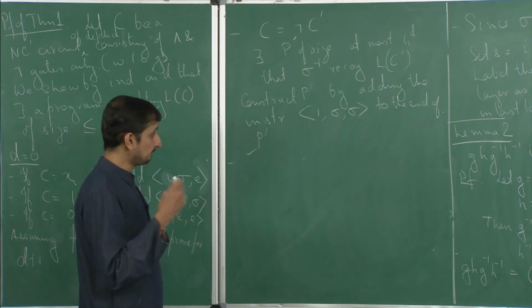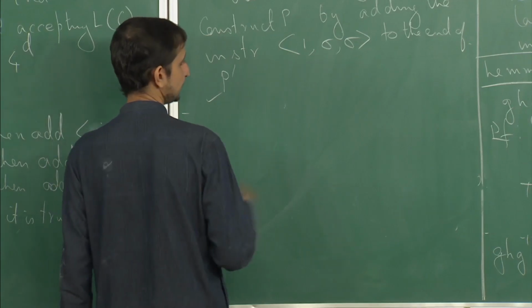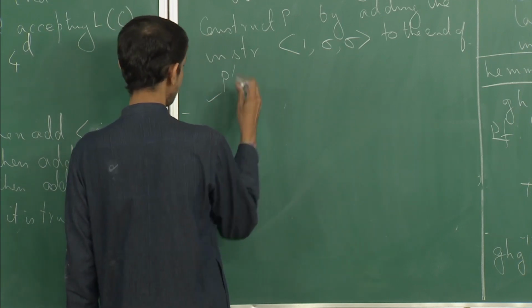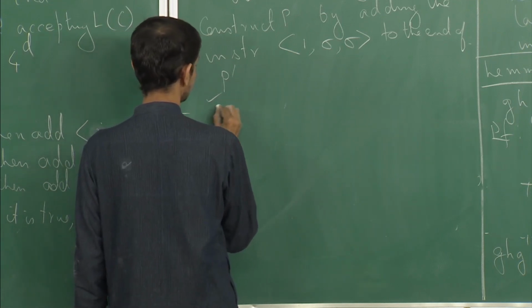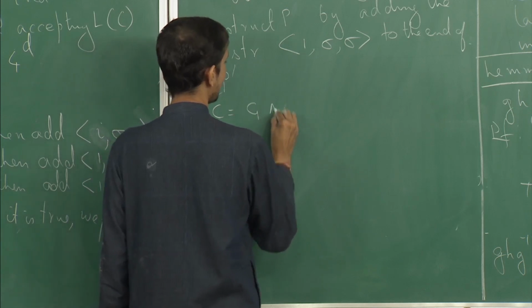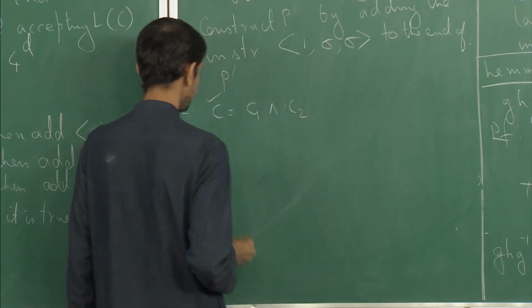Now comes the difficult part, and that is where we need this commutator idea. Suppose C is of the form C1 and C2.